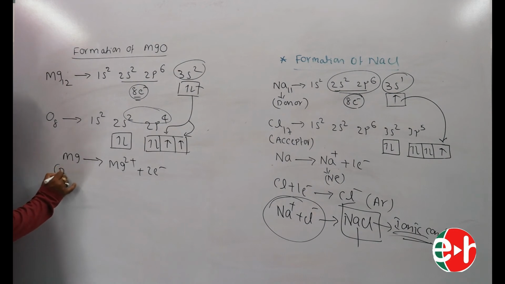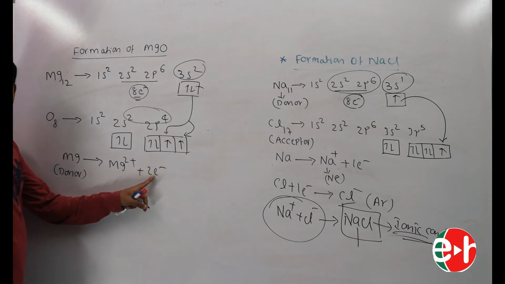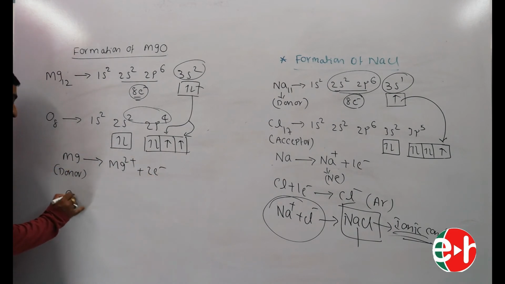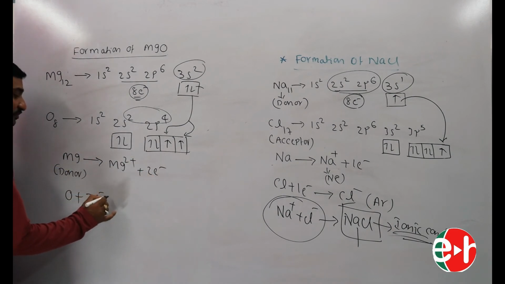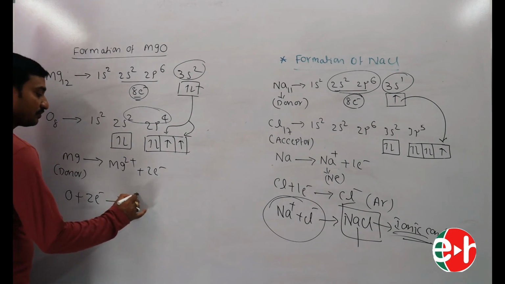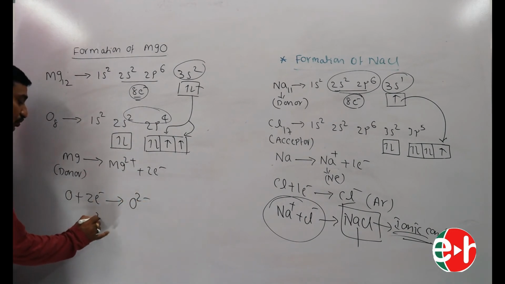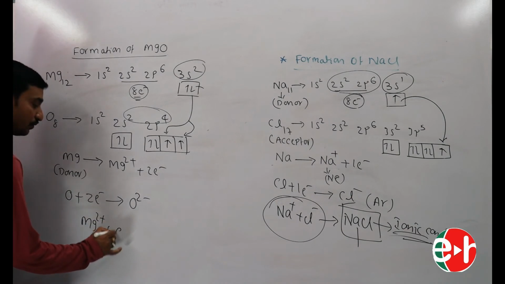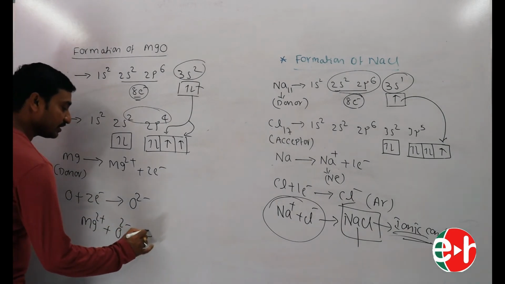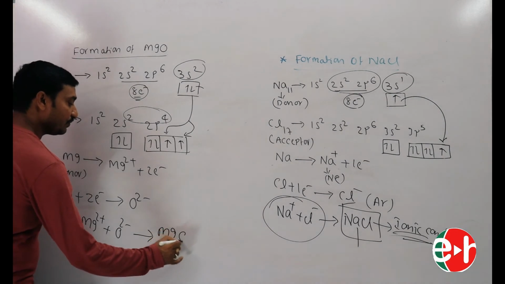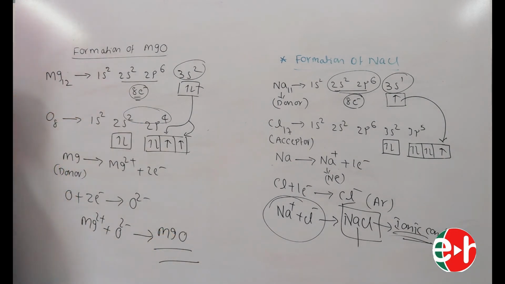Here magnesium is the donor. Now oxygen accepts the 2 electrons and forms O2 minus, the oxide ion. Now Mg2 plus and O2 minus give rise to MgO, magnesium oxide.